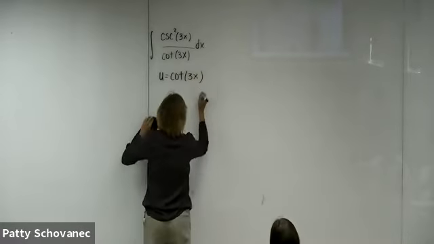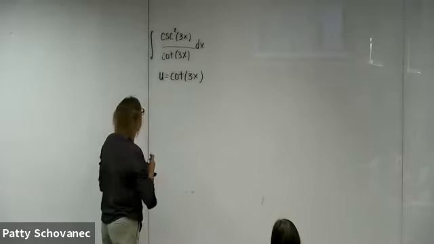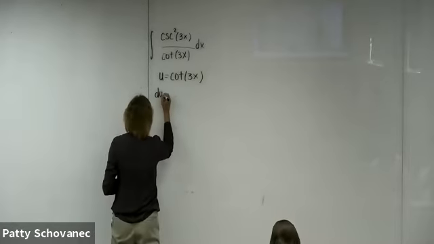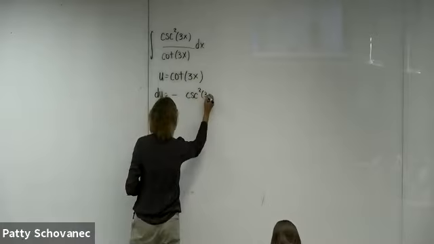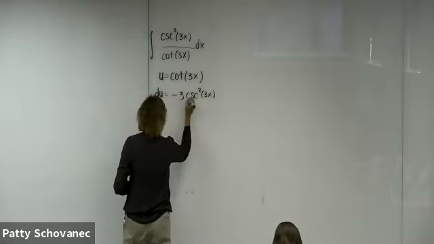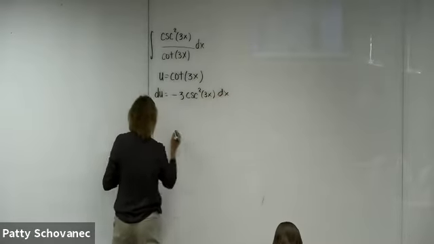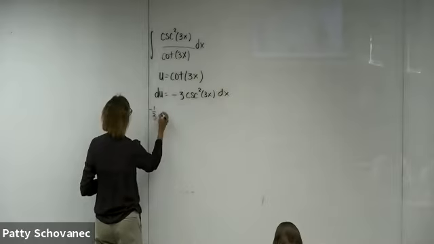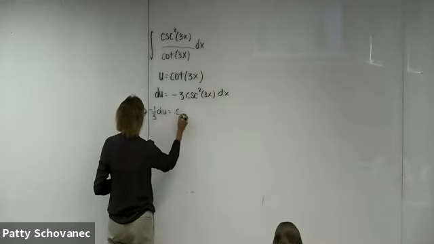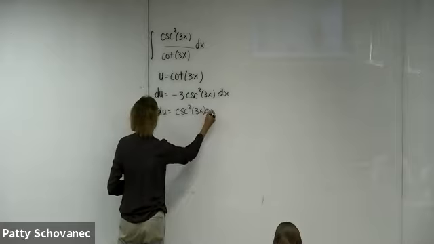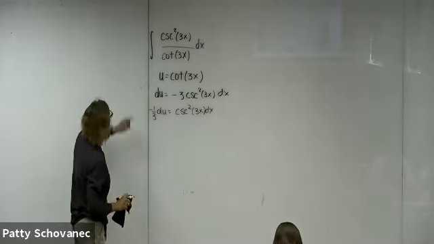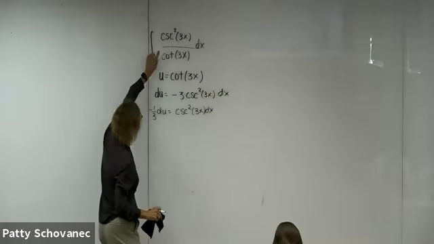What is the derivative of a cotangent? Negative cosecant squared. So the derivative here is a negative cosecant squared of 3x times the 3. So a negative 1/3 du is the numerator. So I'm going to get a negative 1/3.